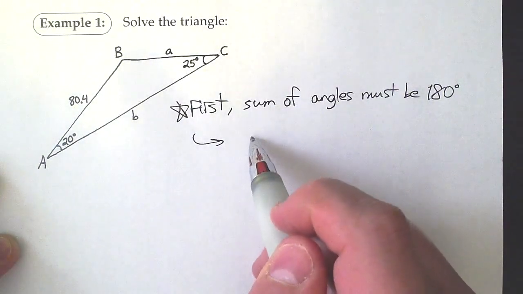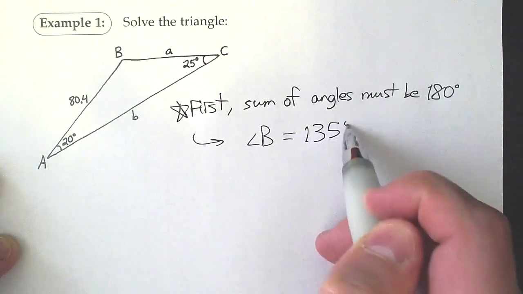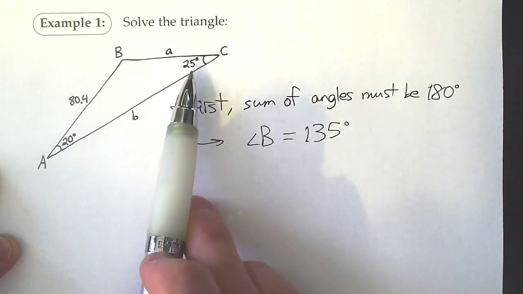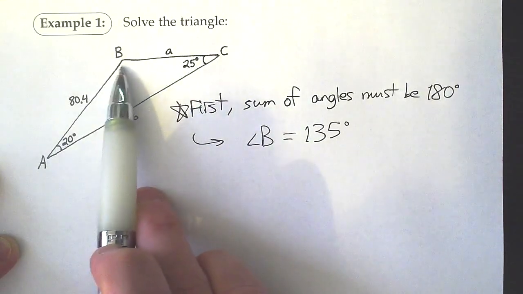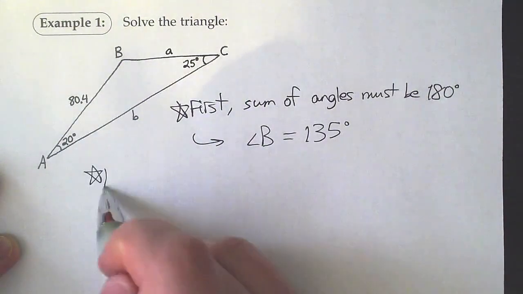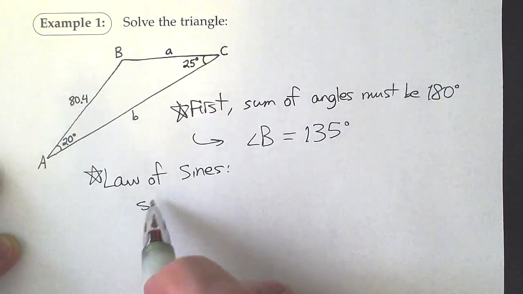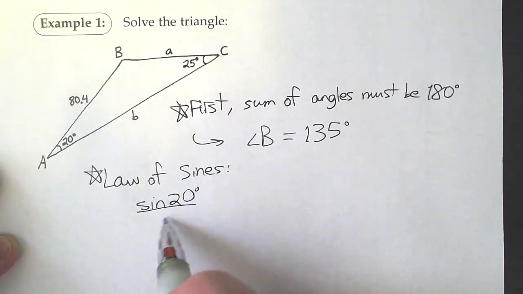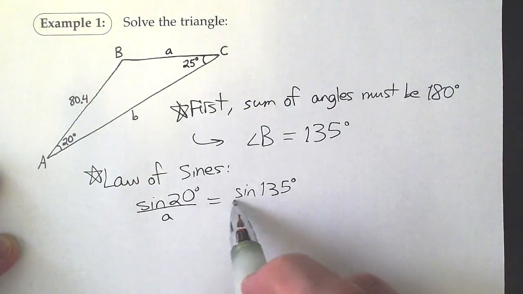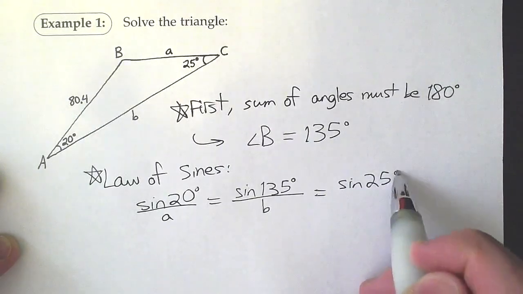We used that to find that angle B must be 135 degrees. That's the missing angle, the one with the uppercase B here, and since we know the 20 and the 25, in order to add up to 180, it had to be 135. Then we used the law of sines, which for this triangle looks like this. It's good that we had the 135 already. If you can get something like that first, it's good to do that.